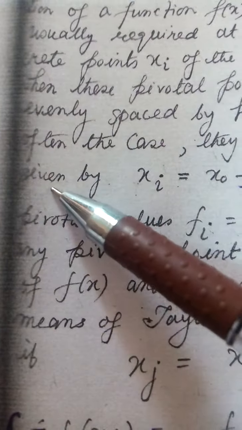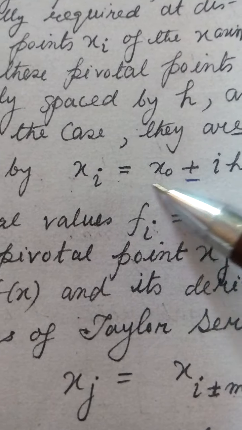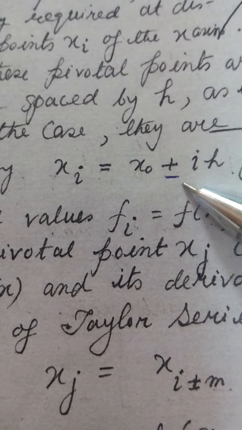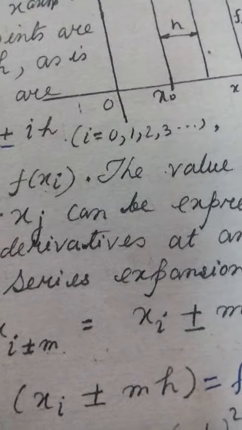They are given by xi is equal to the initial value, x naught, plus or minus i into h, where i is equal to 0, 1, 2, 3 and so on.